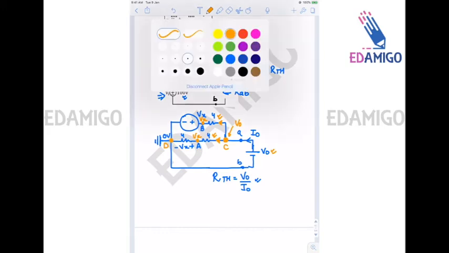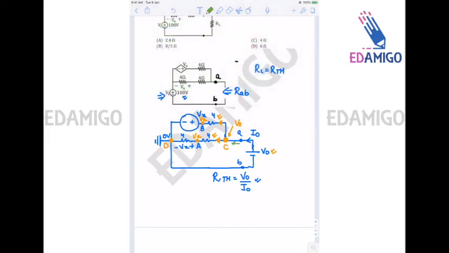Now the incoming current is I0 and these two currents have to be the same, so each has to be equal to I0 by 2. Now if we apply KVL in this loop, from C to A to D, and then from D to C. From C to A, we are entering at plus, so the drop is I0 by 2 into 4.